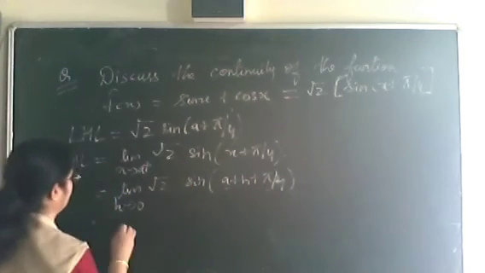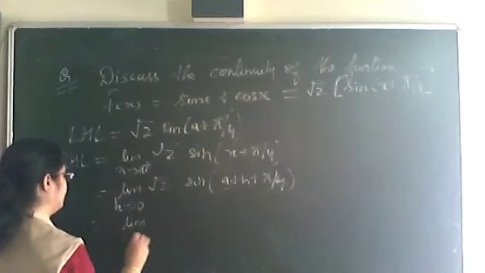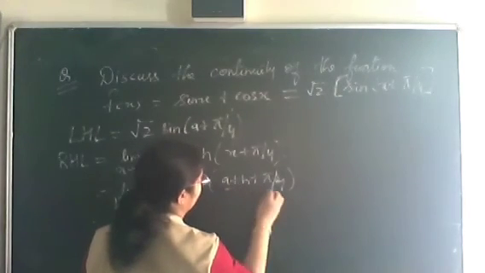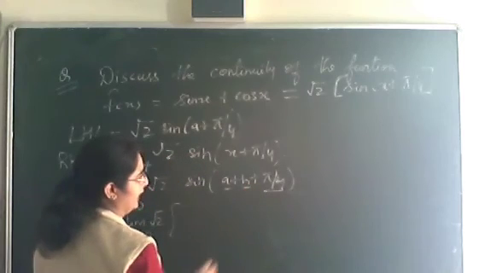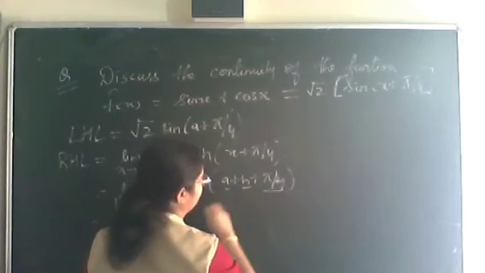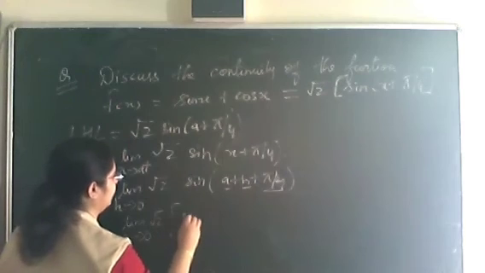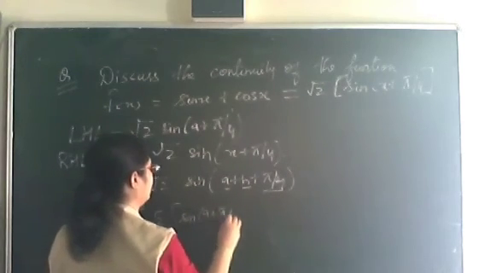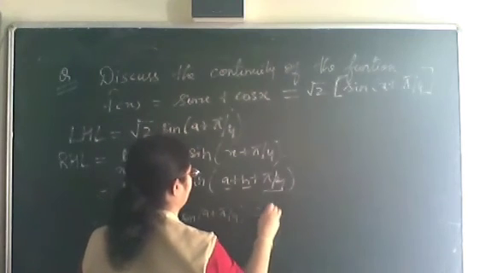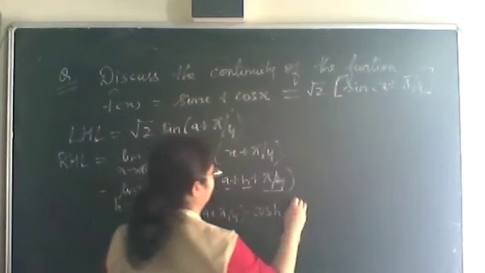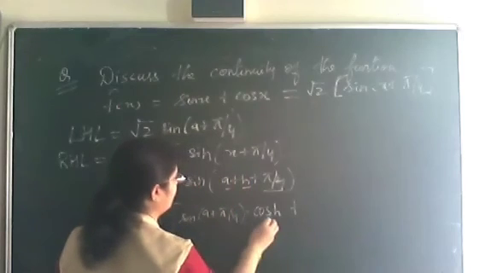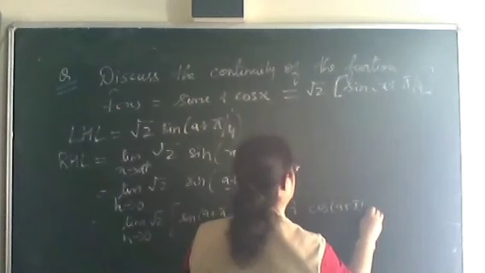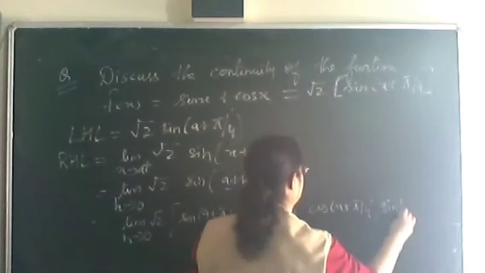So this will be equal to limit h tending to 0 root 2 times sine of a plus b, where this will be a and h will be b. What is the formula of sine a plus b? Sine a cos b plus cos a sine b: sine a plus pi by 4 into cos h plus cos a plus pi by 4 sine h.